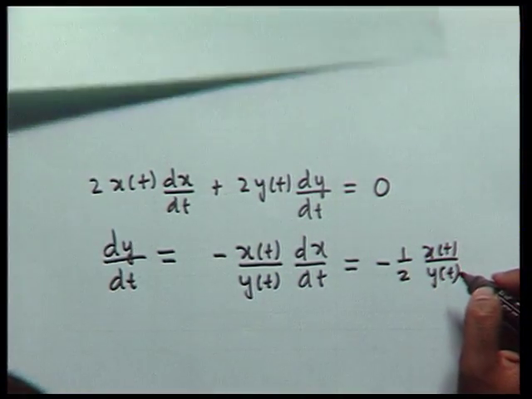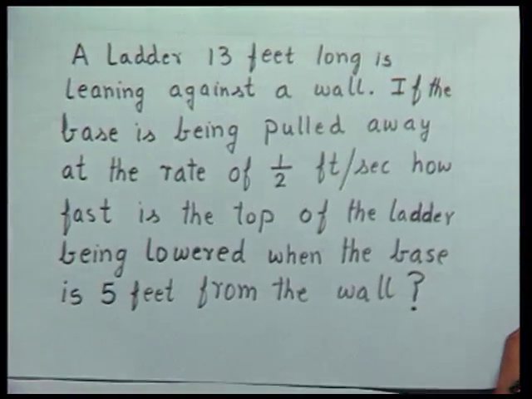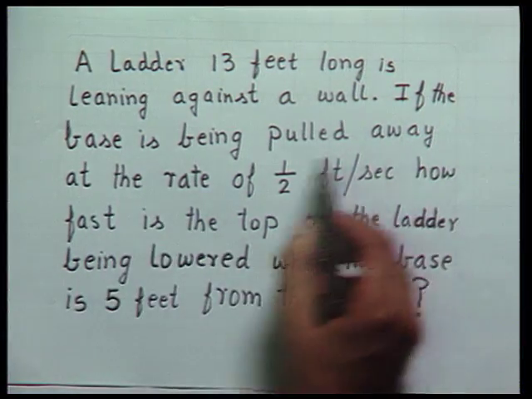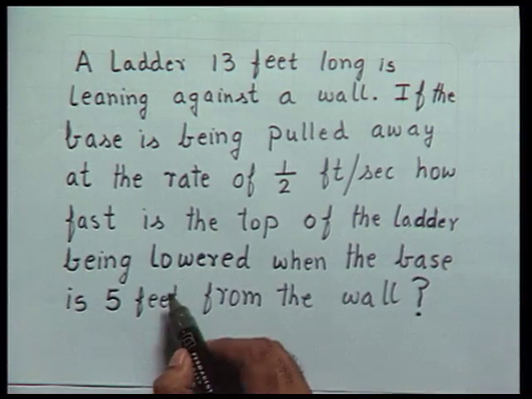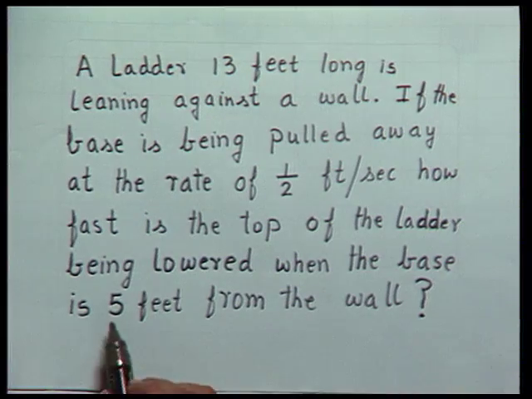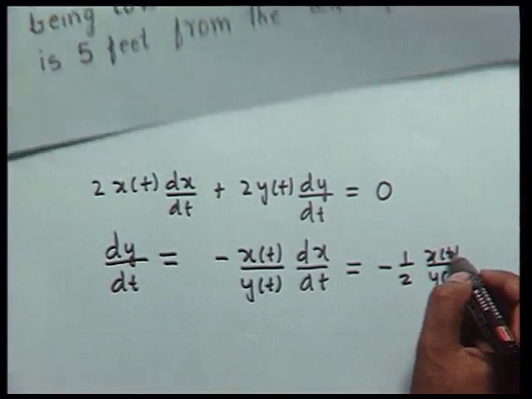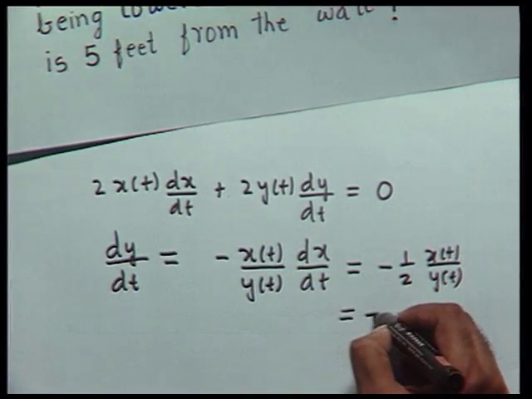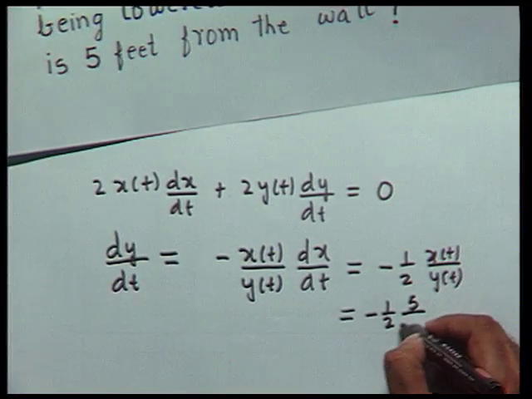Let us just go back to the statement of the problem. The ladder is 13 feet long. The base is being pulled away at this rate. How fast is the top of the ladder being lowered when the base is 5 feet from the wall? So, remember the base is 5 feet from the wall. Therefore, this x(t) is going to be 5 feet. So, this is minus half times 5 upon y(t).